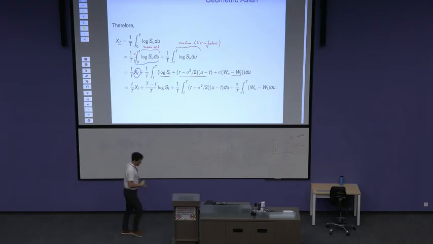Okay, let's talk about the other objects first. So, here, log of S_t, if I integrate over u, this is just a constant value. I can write it in front of the integral and integrate from t to capital T. So maybe I write it out.